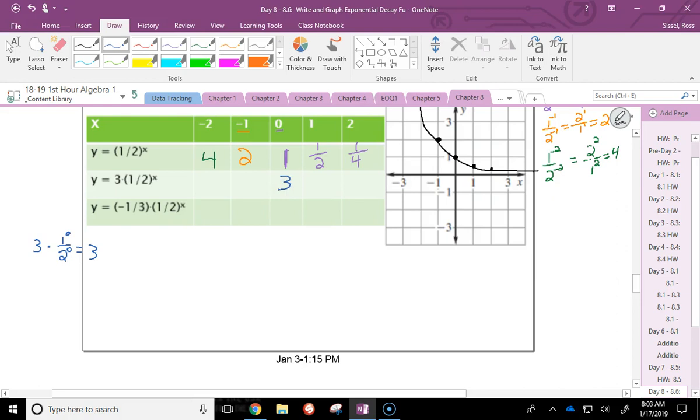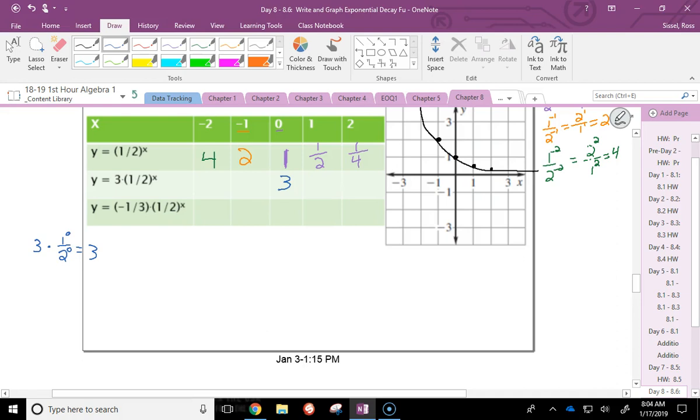Now, I could show you guys one way to shorten your work a little bit. Since we did a 1/2 up here on this first one and we're doing a 1/2 here, it's going to come out the same thing every time. I don't have to do this work every time. I'm just going to times it by 3.